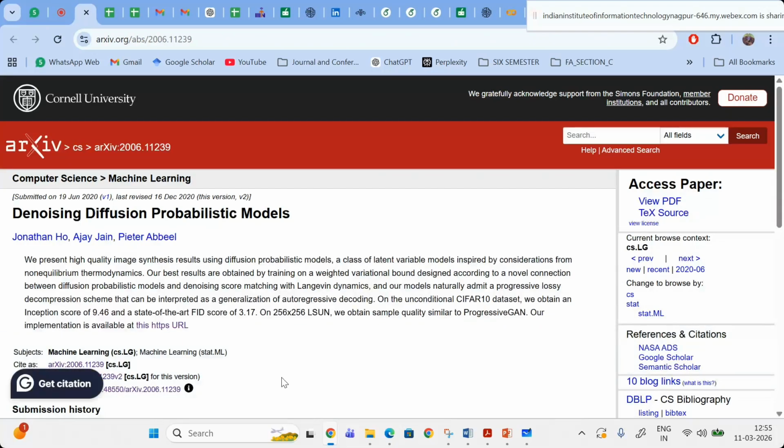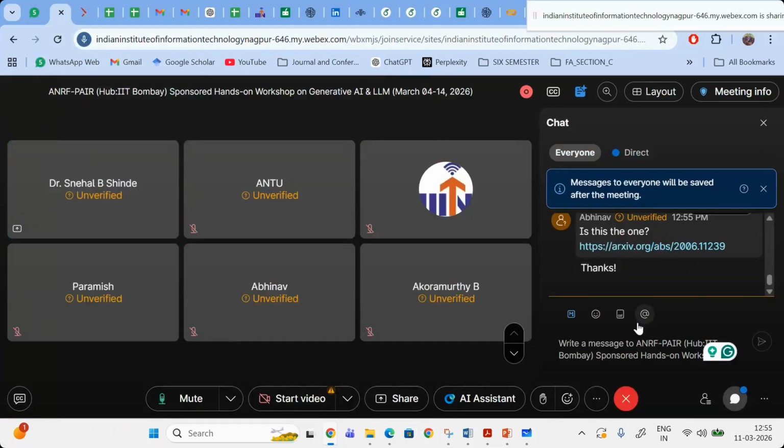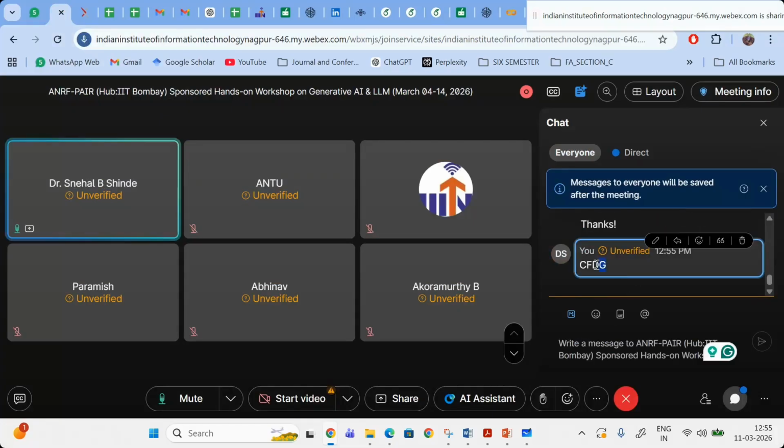Yeah, this one, the same paper, the denoising diffusion model. Again, you can explore classifier free diffusion guidance, CFDG. There is one paper. Whatever DDPM is doing, it is generating images for any classes.